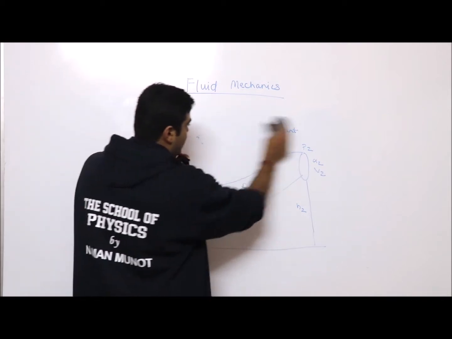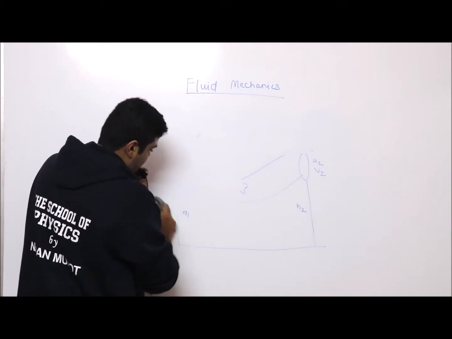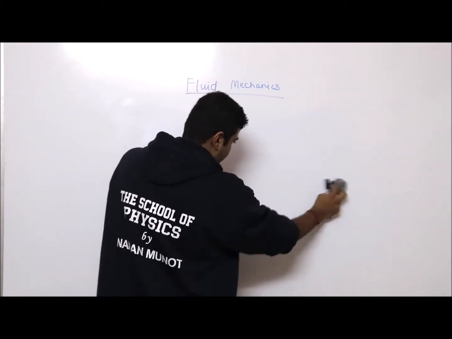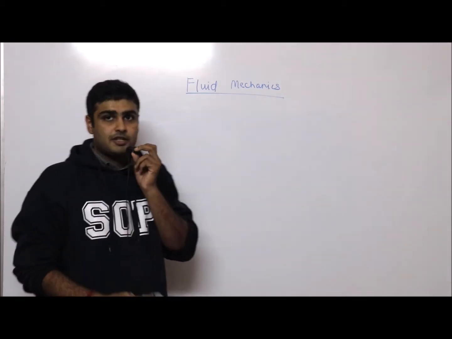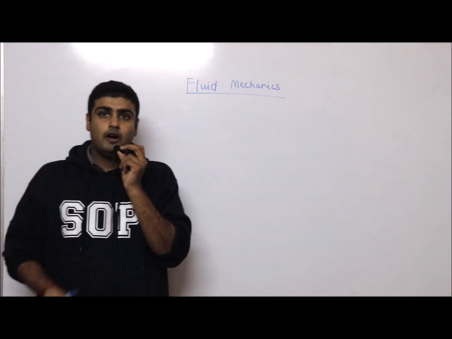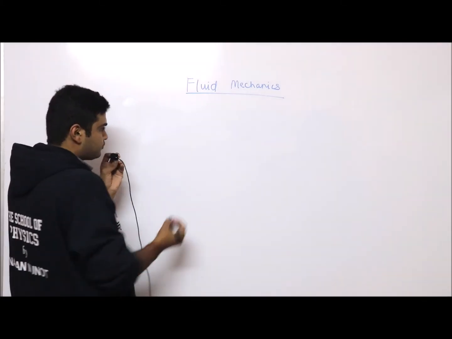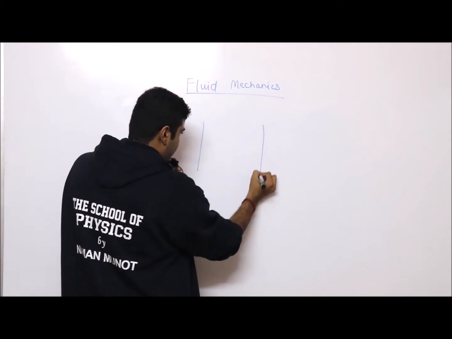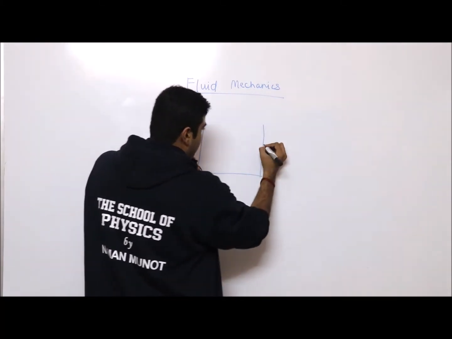The next and the last thing in fluid mechanics is Torricelli's theorem, or as you can call it, velocity of efflux. Suppose I have this container here and it has a hole.